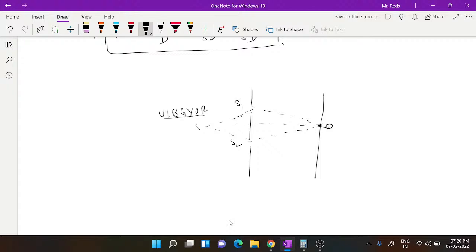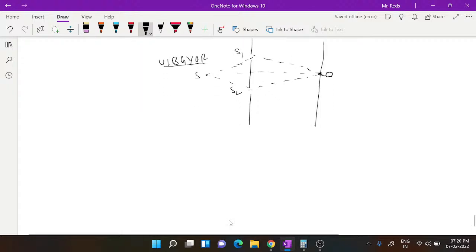Next point is for a point P. Let us say again for the same setup, this is S1, S2, this is the central point, this is our screen. Somewhere over here is a point P, for which this is S2P and this is S1P.